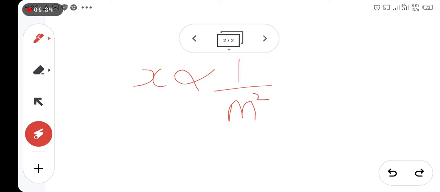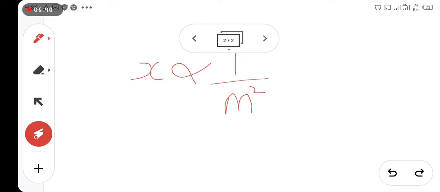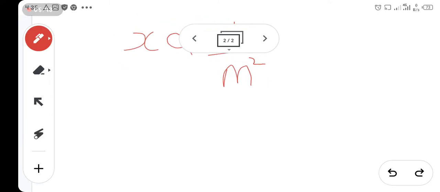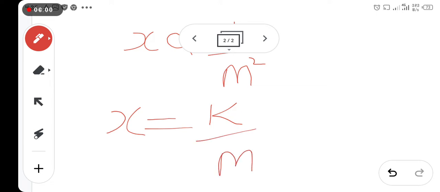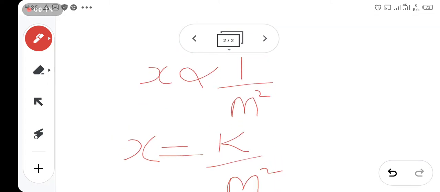So x is inversely proportional to m squared, so I can say x equals k times 1 over m squared. So x will be k all over m squared. Do you see that again? I introduce a constant and an equal to sign. So we now have an equation here.